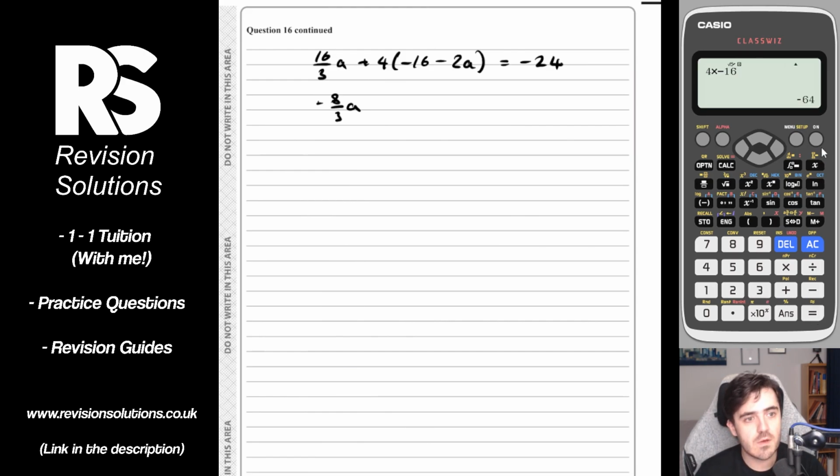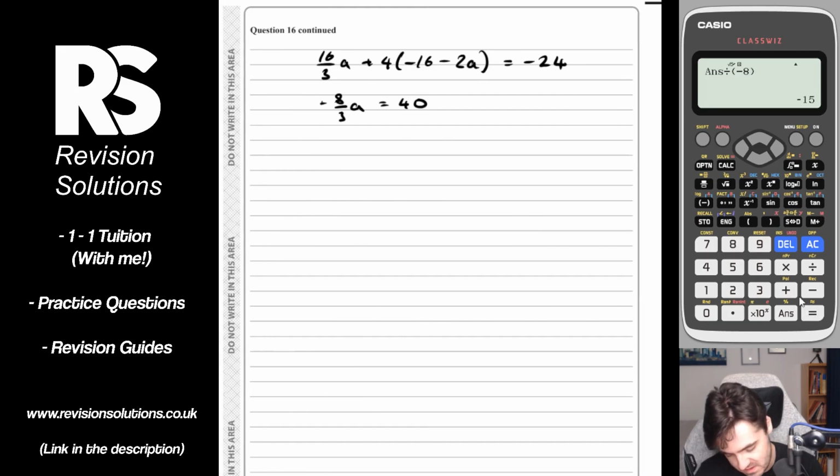So it's going to be minus 24 plus 64 in the end, which is 40. So you have minus 8/3 a is 40. If we multiply by 3 and divide by minus 8, so times 3 divide by brackets minus 8, that'll be minus 15 for a.